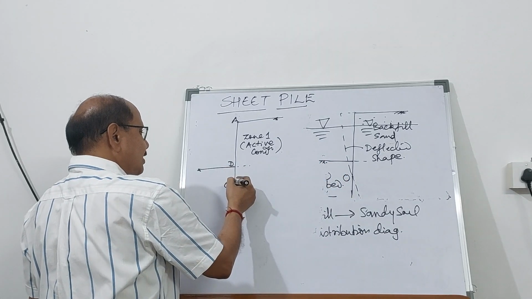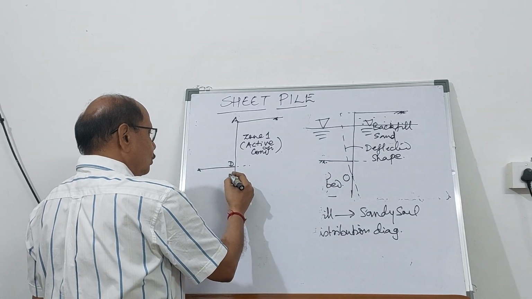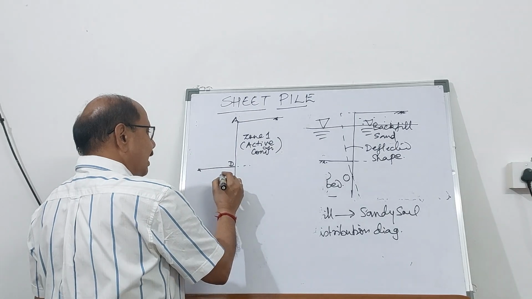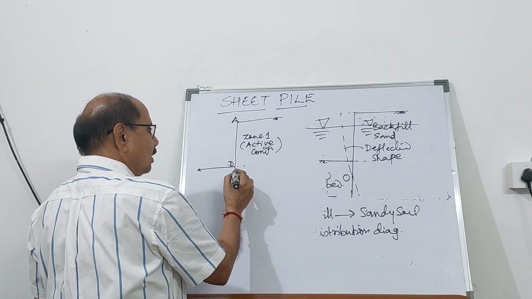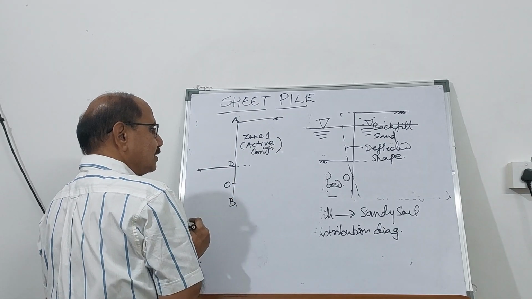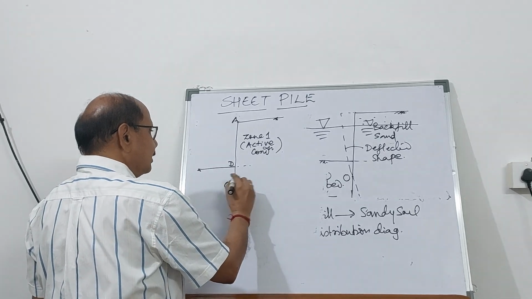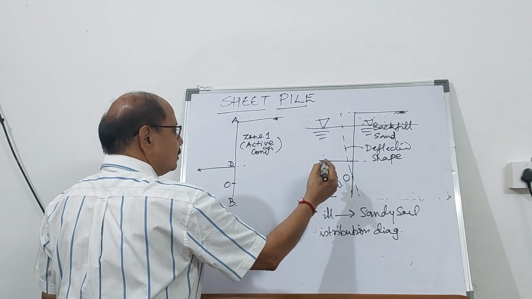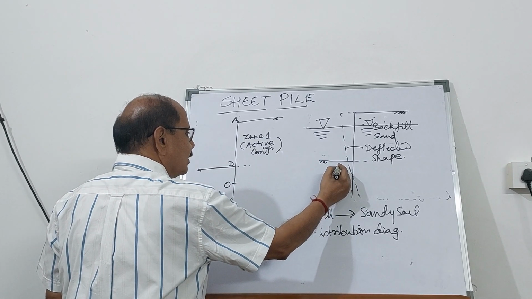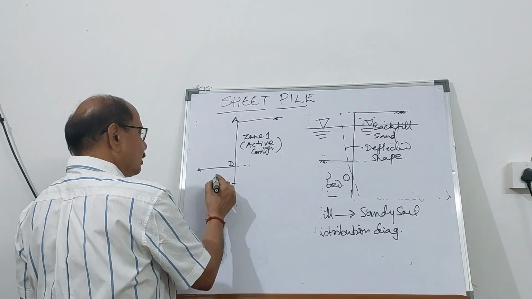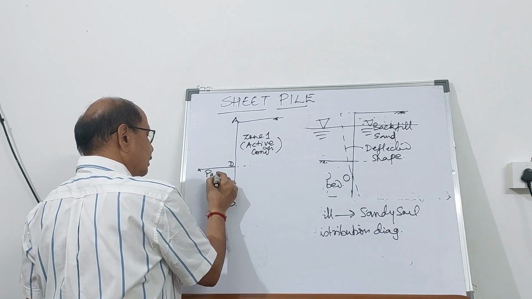Now, below the dredge line between D and O, on the left hand side, or on the front side, you see that this is going to deflect and it is going to compress the soil on this side. So this will be in passive state.